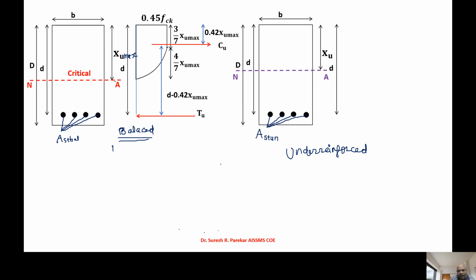This AST under reinforced is less than AST balanced. So if I say this is TU balanced, then we have this as TU under reinforced. Now this TU under reinforced is less than TU balanced.